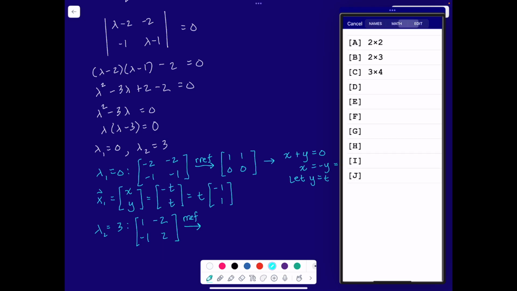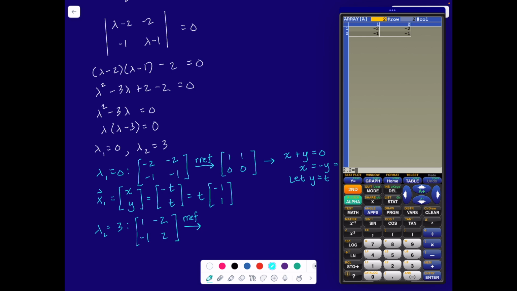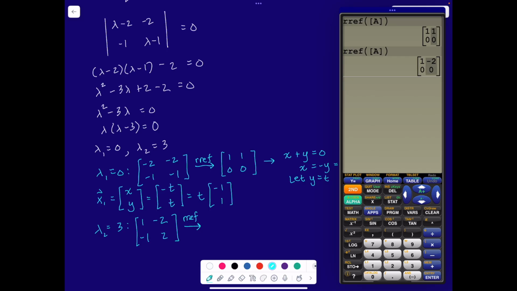Second matrix, edit, A. Then second quit, and now we can just go second entry to get this command, and our RREF will be (1, -2, 0, 0).